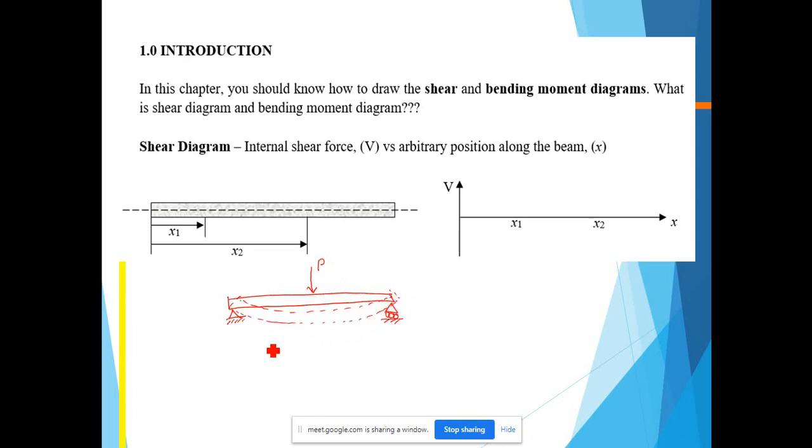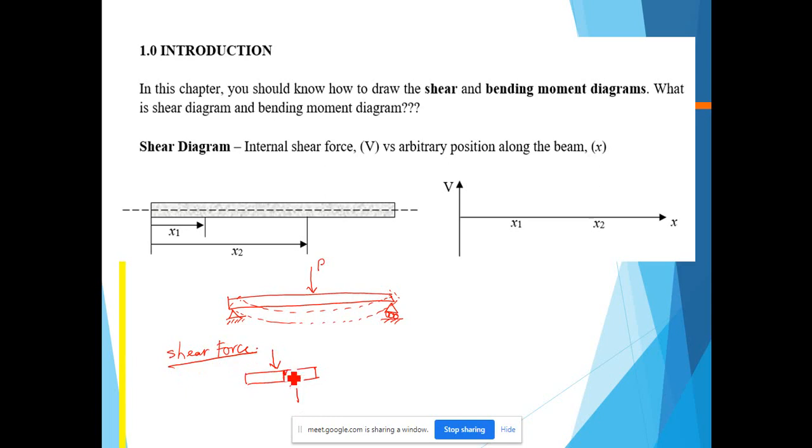So if you know the concept of shear force, if you remember, if you have a member and then there is a force applied parallel to the cross section of the member.